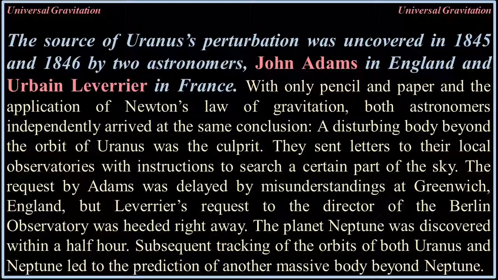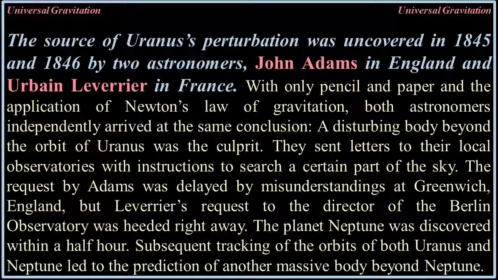The source of Uranus's perturbations was uncovered in 1845 and 1846 by two astronomers, John Adams in England and Urbain Le Verrier in France. With only pencil and paper and the application of Newton's law of gravitation, both astronomers independently arrived at the same conclusion.